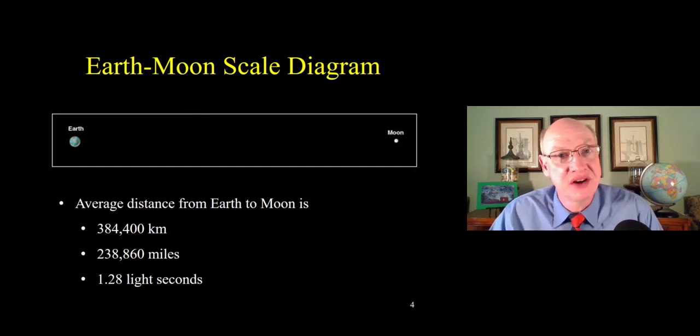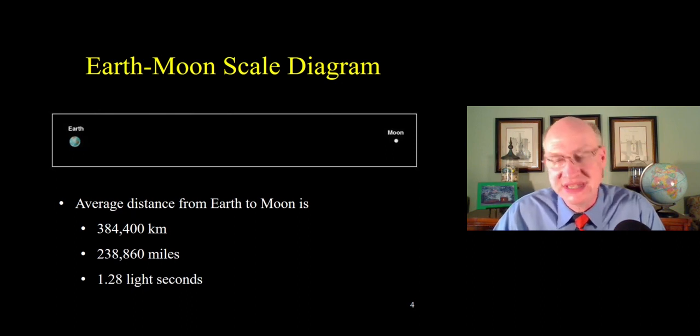Well, now that we've started our scale model with the Earth and the Moon system, let's come a little bit closer to Earth and think about the International Space Station. Right now, orbiting the Earth is the International Space Station. It typically has a crew of 6 astronauts living and working on board. It has been continuously occupied for nearly 20 years now.